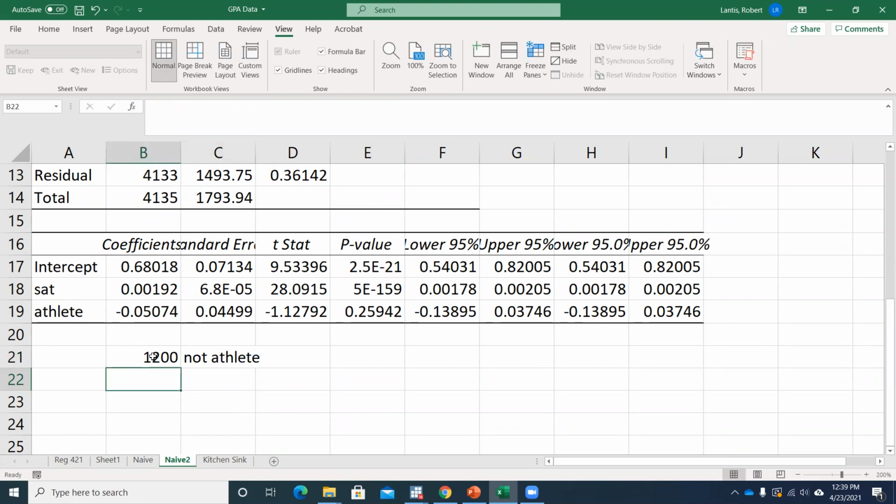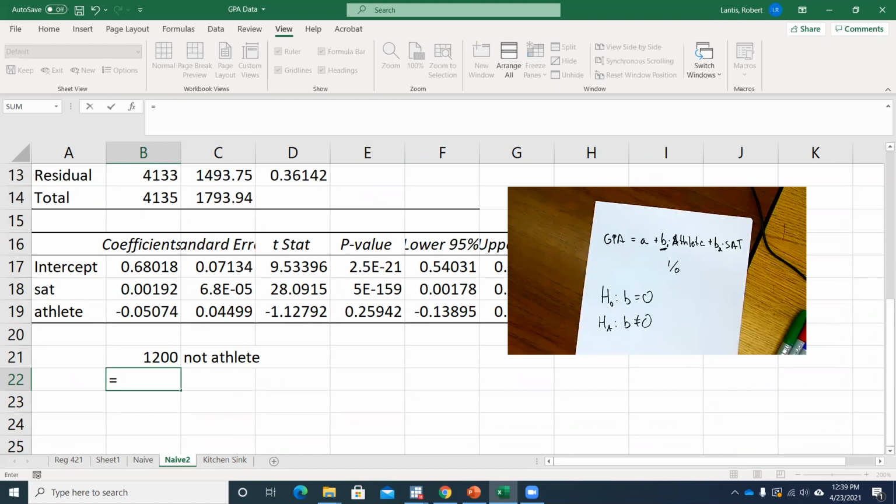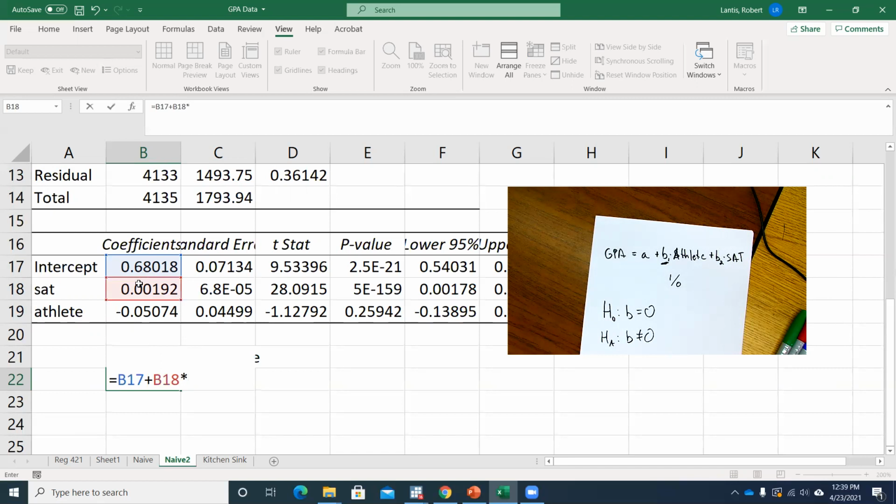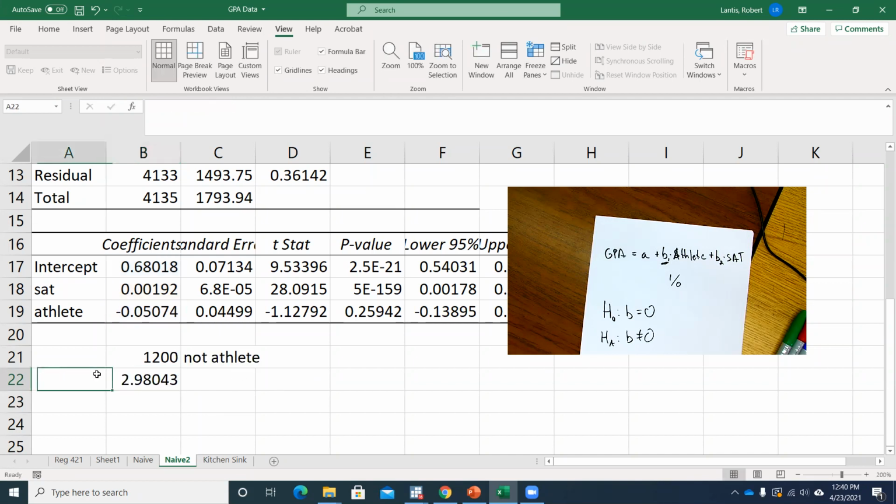Well, it's just an equation that we're plugging things into. I'm going to take the intercept, add the coefficient on SAT times 1200, and then plus the coefficient on athlete, but they weren't an athlete, so times 0. That makes sense: if they're not an athlete, we shouldn't be adding that coefficient in. And that's how I would come up with a prediction for this individual. So just another example of predicting that Y variable.